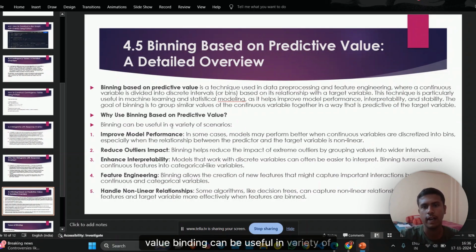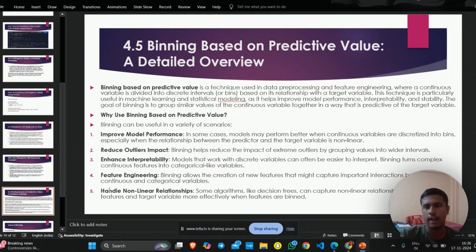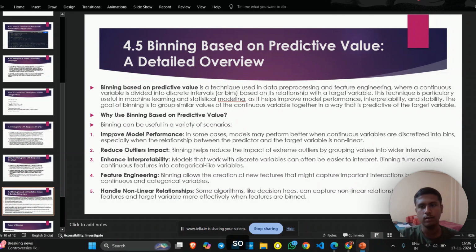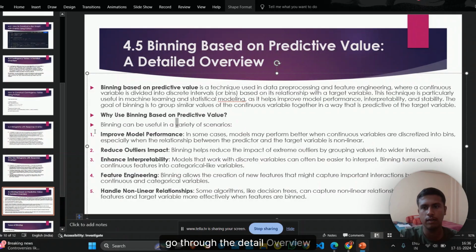Binning can be useful in a variety of scenarios: improve model performance, reduce outliers' impact, enhance interpretability, feature engineering, and handle non-linear relationships. So we can go through the detailed overview of why we use binning based on predictive value.